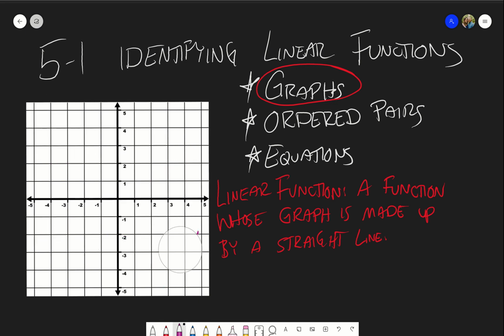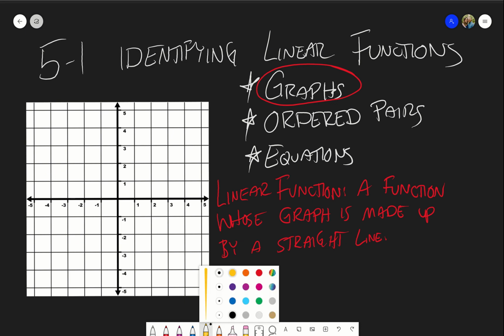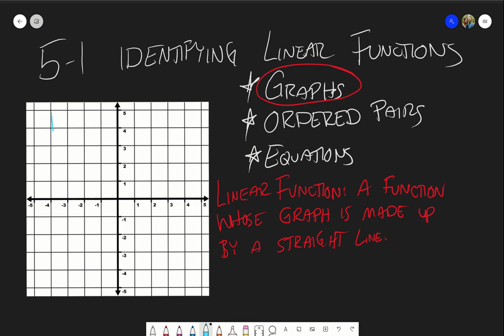If we have a graph that looks something like, we've talked about these graphs before. Let's go with a nice light blue color. We've talked about these graphs. Is this a straight line? No, this is not linear. This is a function, but it is not a linear function. Okay? Let's say we have something like, we've seen these ones before.